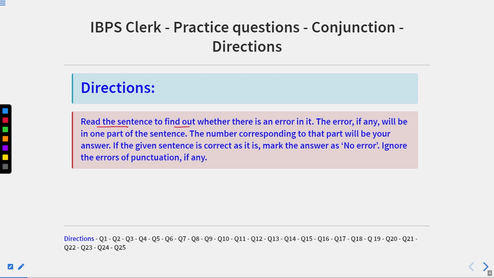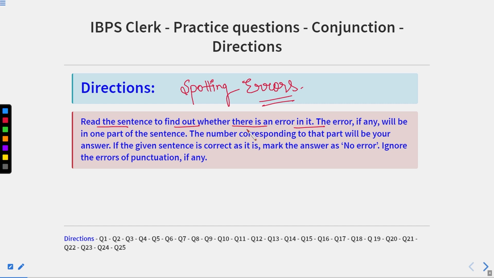Read the sentence to find out whether there is an error in it. It means these are spotting errors based on the chapter Conjunction. Spotting errors are the type of questions in which we have to find the error. A sentence is given to us and some parts of it have been made.